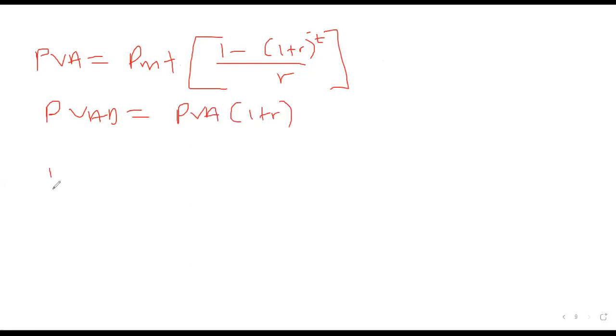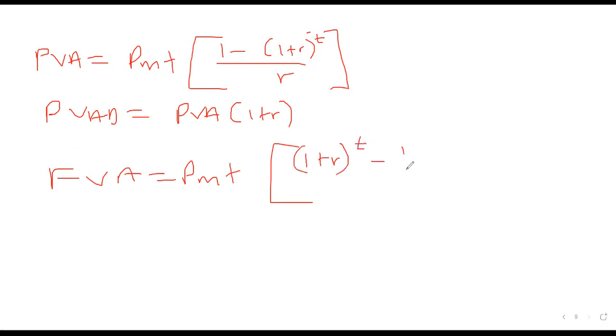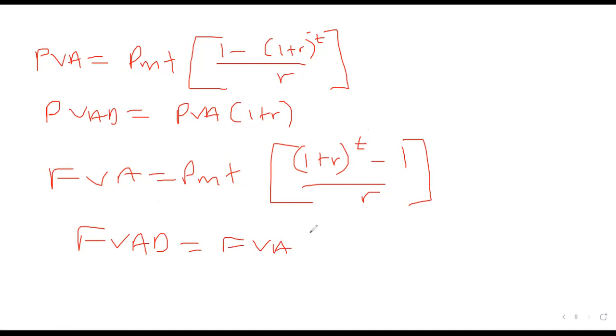But if we're dealing with future value of an annuity, it is simply the periodic payment times 1 plus r to the power positive t minus 1, over r. This is when it's made at the end of the period. But for a future value annuity due, just compute the future value of an annuity multiplied by 1 plus r.